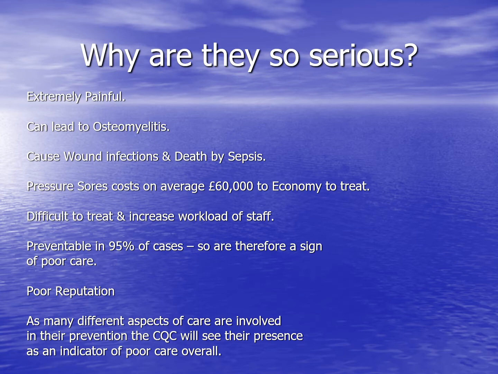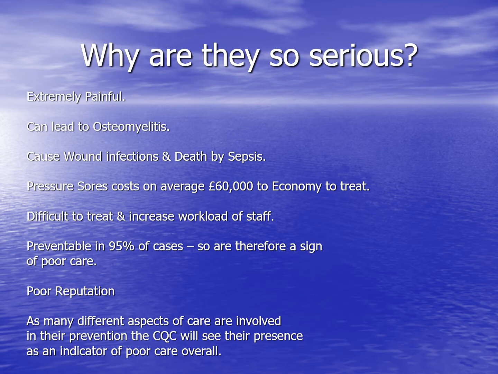This may sound unbelievable, but on average, pressure sores cost about £60,000 to the economy to manage. So a category 1 redness is going to take minimal intervention. But if you get a category 3 or 4, it's going to be costing a lot more money due to the infections. It might lead to intensive care admission.